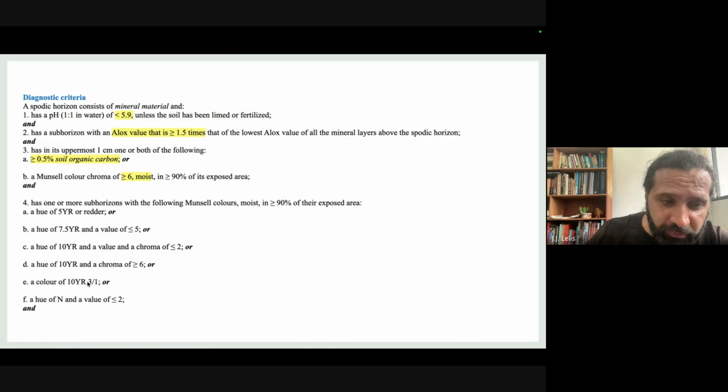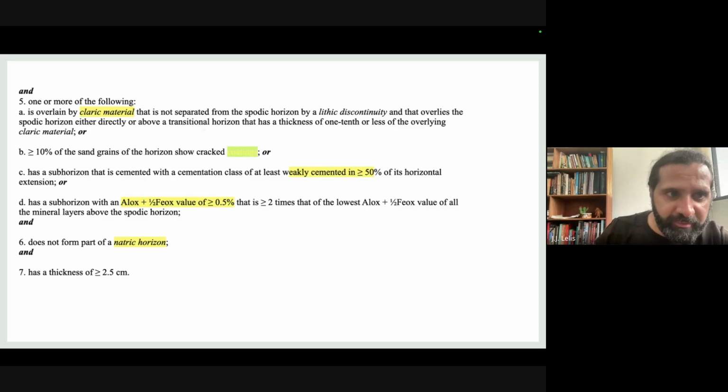So very strong colors, but with a dark color, or a hue of N and a value that's equal or below 2. So these are the options. You must check them. It's a lot of things to memorize.